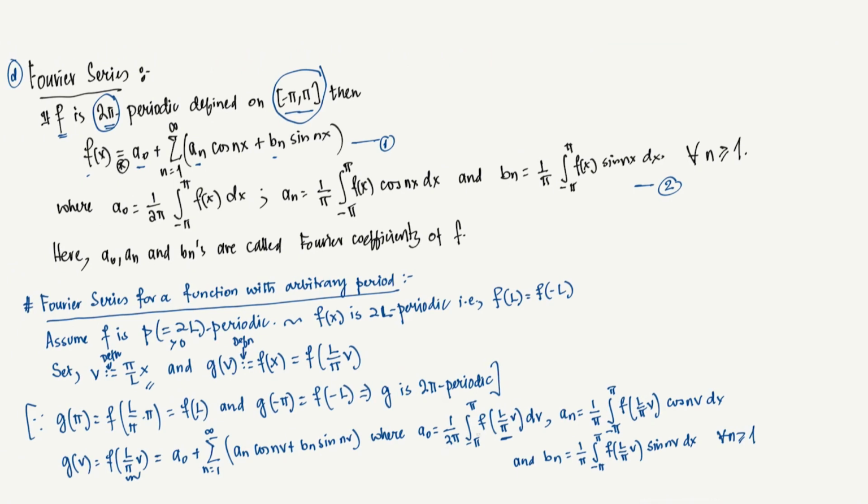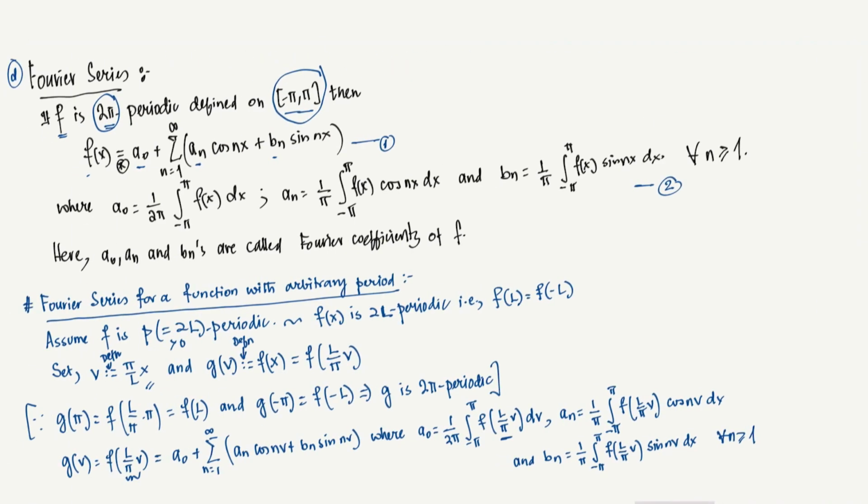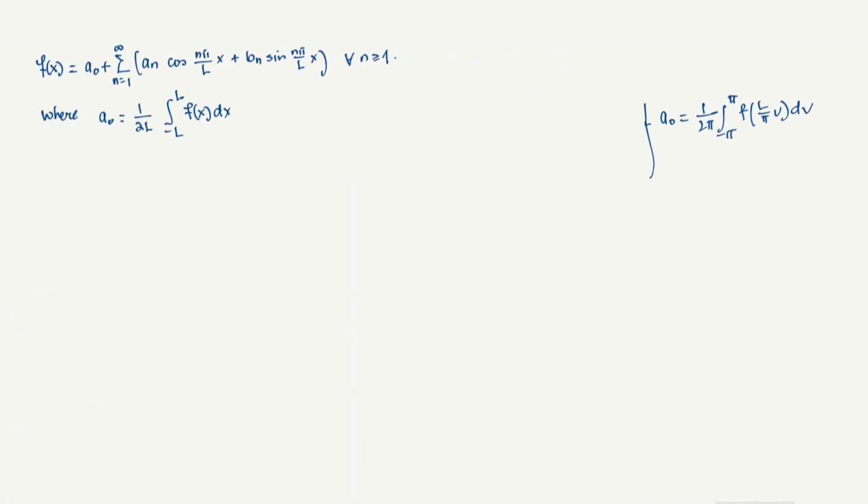It is 1 by 2 pi, the integral from minus pi to pi of f of L by pi v dv. You remember your variable is v equals pi by L times x. So what is dv? It is pi by L times dx.